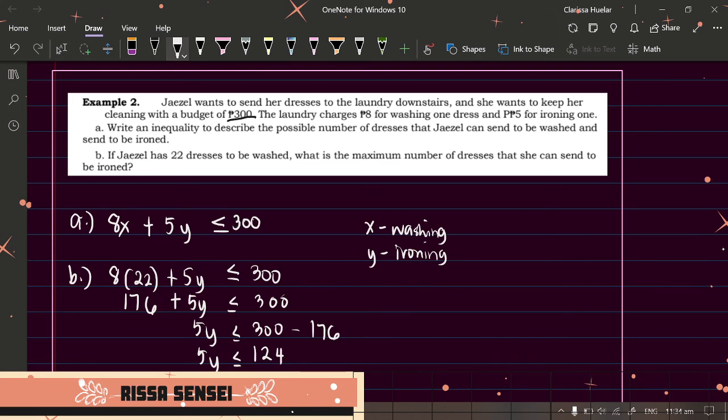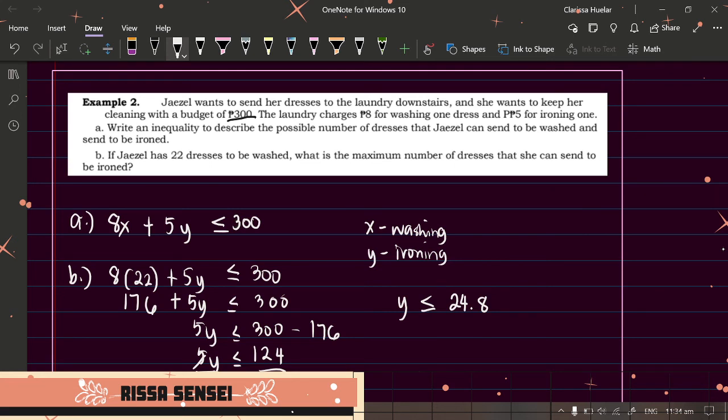Am I right? 300 minus 176 is 124. Then we will divide it by 5. So y is less than or equal to 124 divided by 5 is 24.8. Of course, there are no decimal dresses.